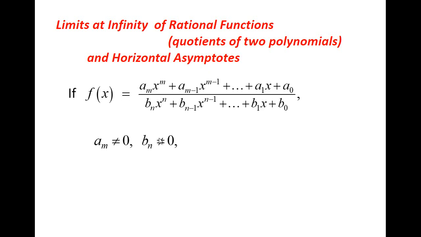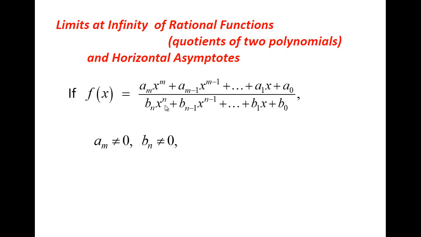So, the limits at infinity of rational functions, which are quotients of polynomials, and horizontal asymptotes. Here we can write down a couple of general statements about this. So let's say f is a rational function where the numerator has degree m with leading coefficient a_m.